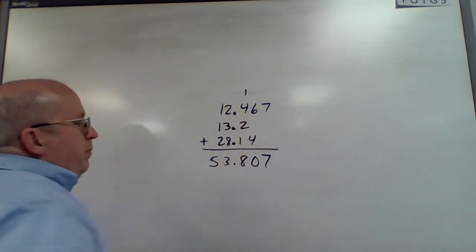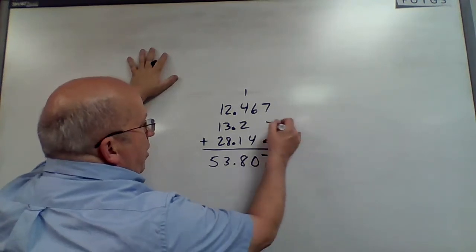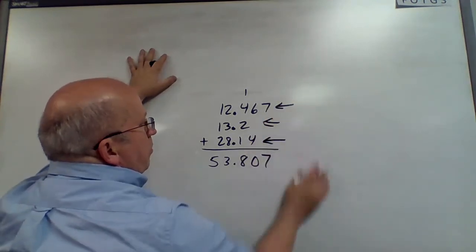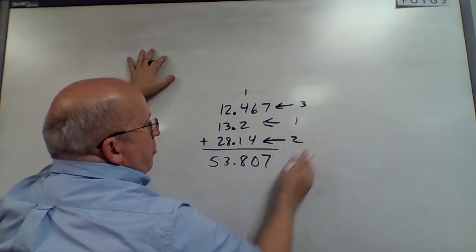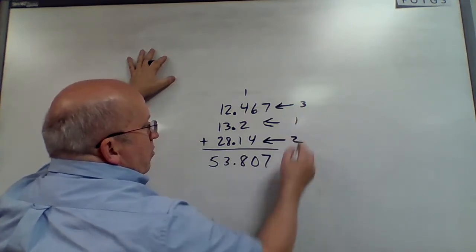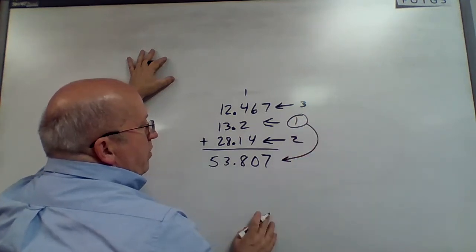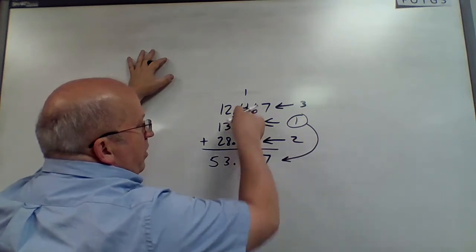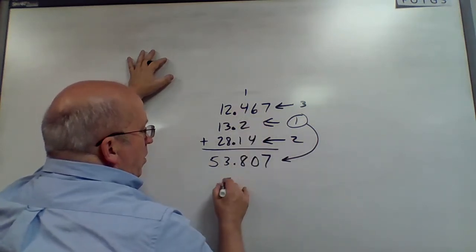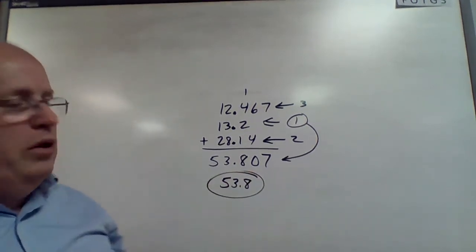I get 53.807. Then we look and see how many decimal places each one of these numbers has. This has 3, this has 1, and this has 2 decimal places. So I'm going to make my answer have the same amount of decimal places as the number that had the least amount of decimal places in our problem. So the answer in this particular case is 53.8.